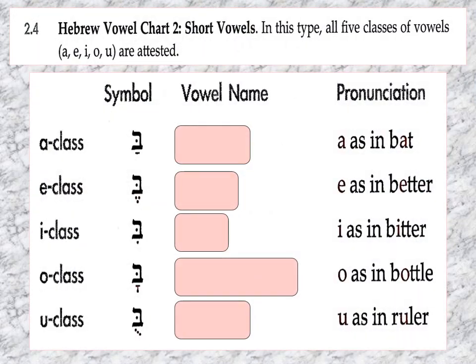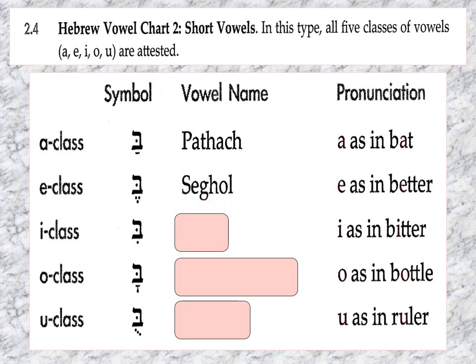And this chart might appear in some future lecture as part of our oral review quiz. What is that A class short vowel? Sounds as in bat. Patakh. How about the short E class? As in better. Segol. Good. Short I class.